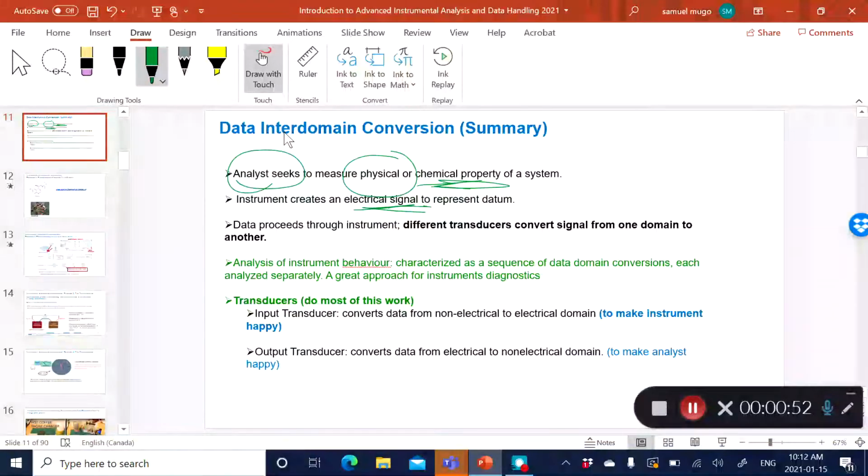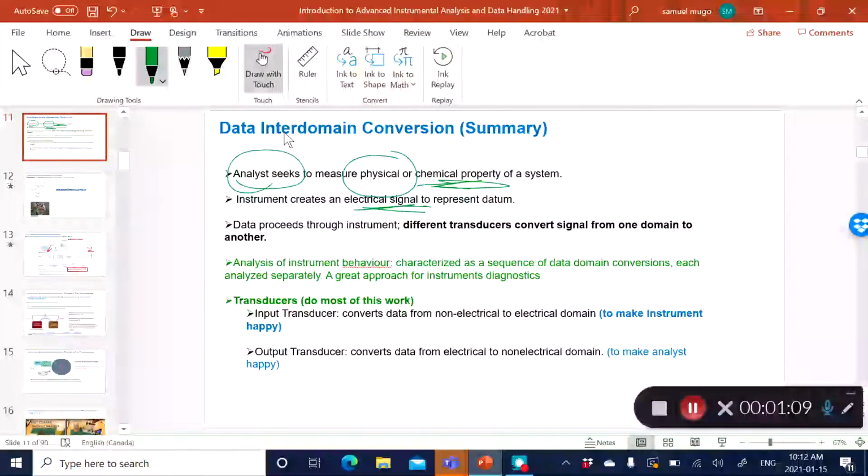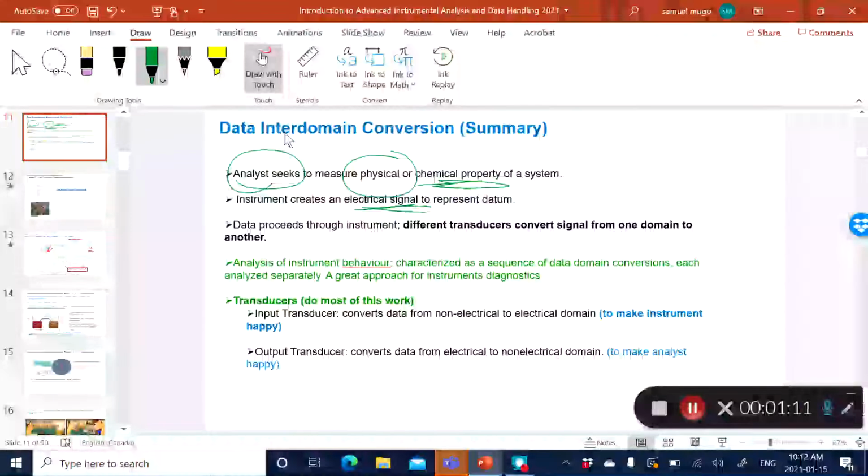And so every instrument consists of what you refer to as transducers. And transducers are the components that interconvert these data domains, from non-electrical to electrical, or from electrical to non-electrical domain.